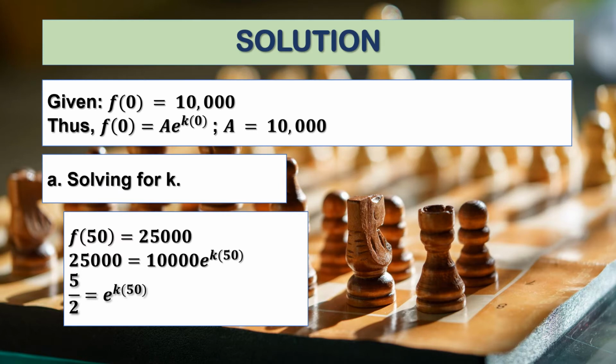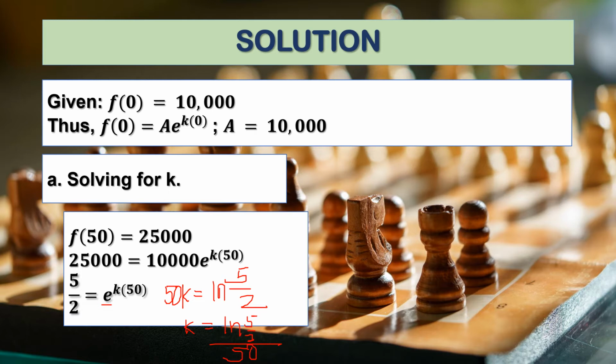By taking the natural logarithm, since we have e here, we have 50k is equal to the natural log of 5 over 2. Solving for k, k is equal to the natural log of 5 over 2 divided by 50.